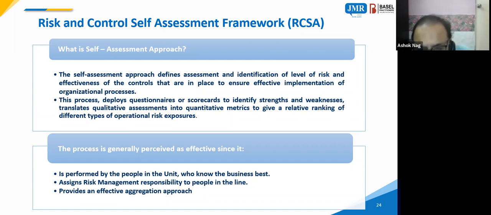Now, if you do not have this, the control can fail, and that happens. There are a lot of incidents where one control failure has led to losses. A lot of examples are there.